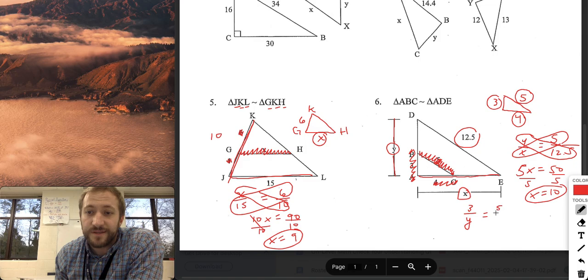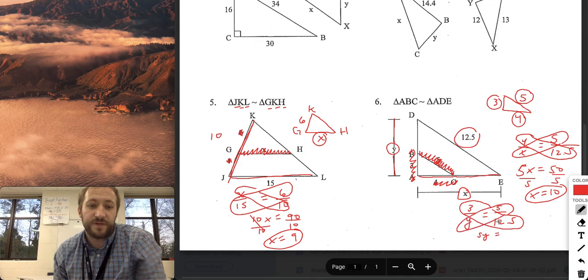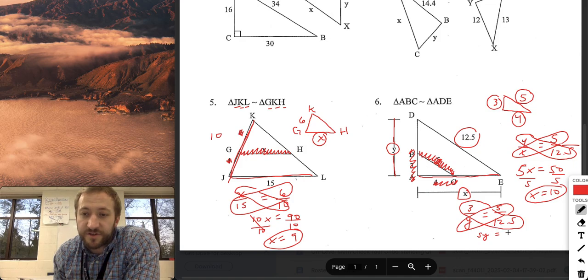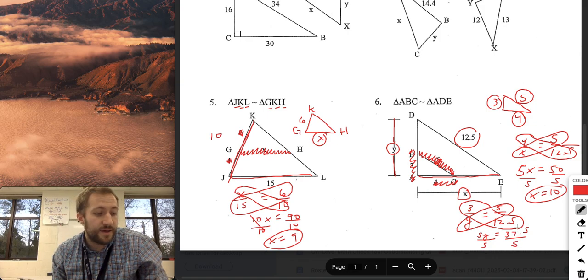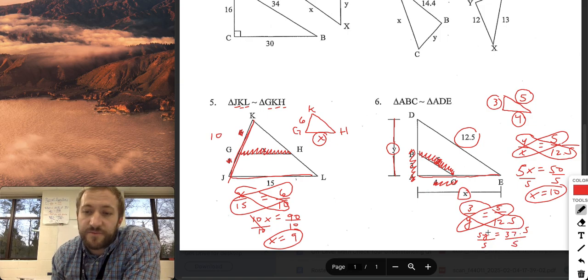So new over old. And then let's cross multiply and divide. 5 times y gives me 5y. 3 times 12.5 gives us 37.5. I'll divide both sides by 5. And I'm left with 7.5. So y is equal to 7.5.